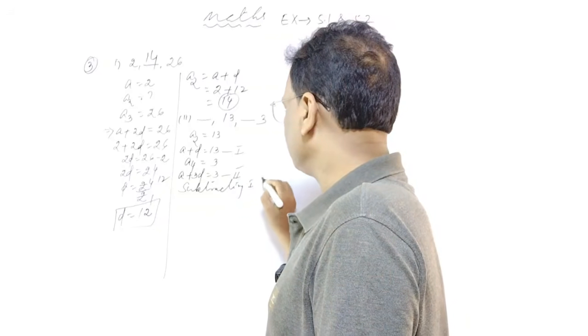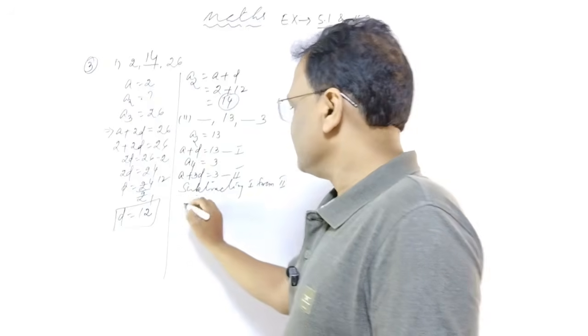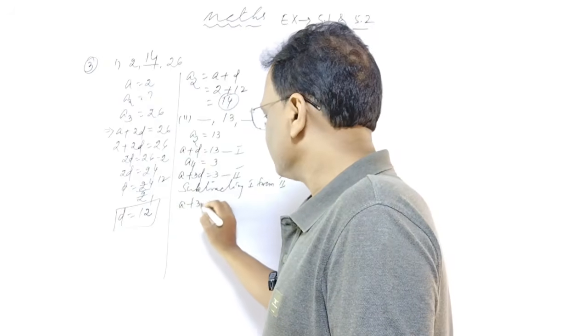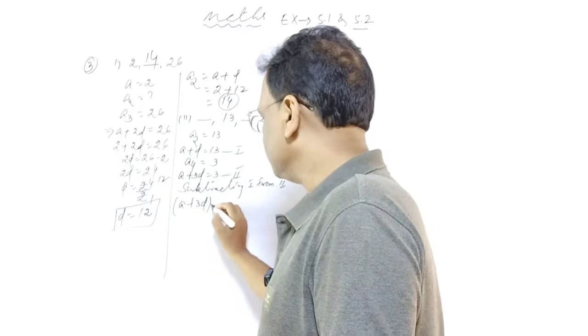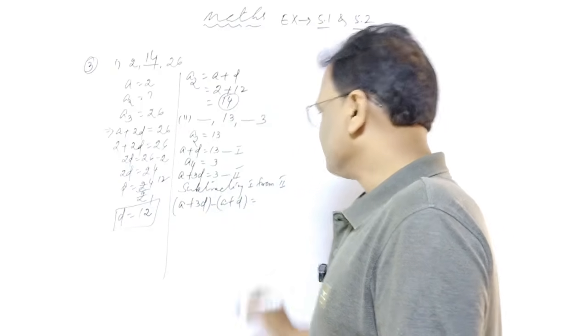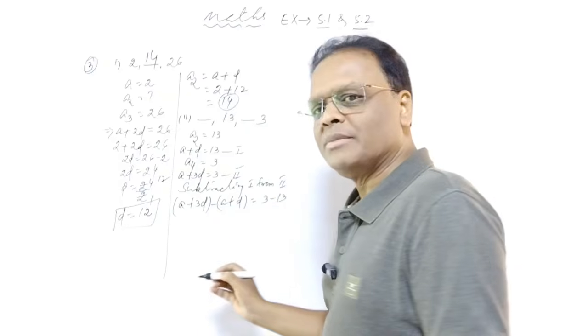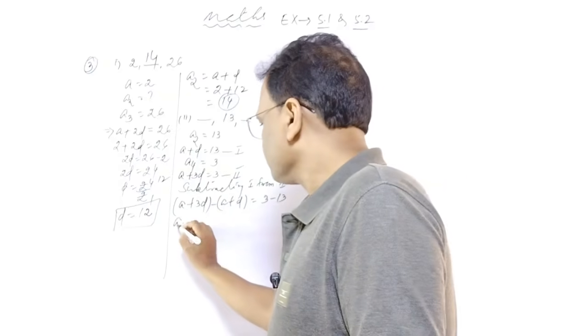Subtracting 1 from 2. So what is the second? A plus 3D. This is the second, minus the first one, A plus D, is equal to, second is 3 minus 13.